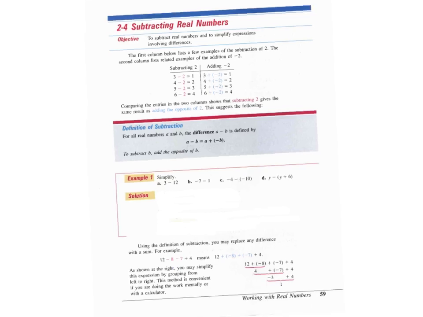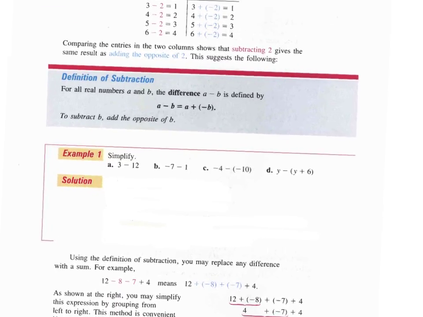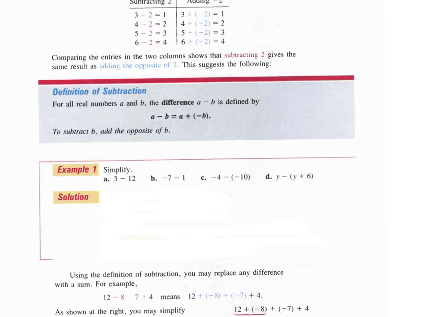So here, the definition of subtraction, they're telling you that for all real numbers, the difference could be defined by adding the opposite. So this is where, when I teach it, I talk about a keep, flip, change.